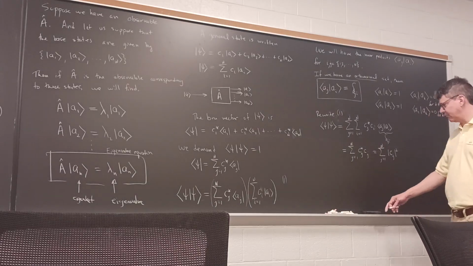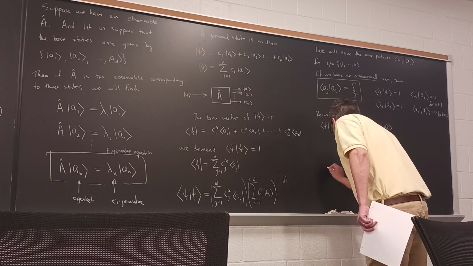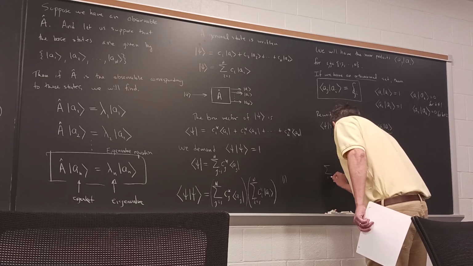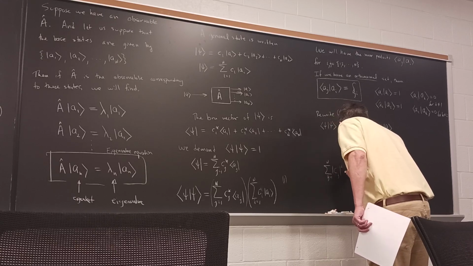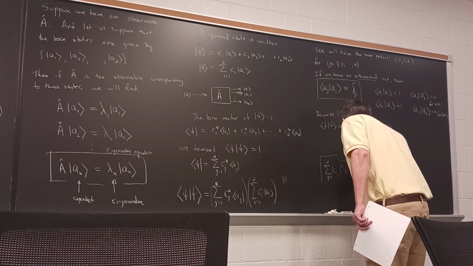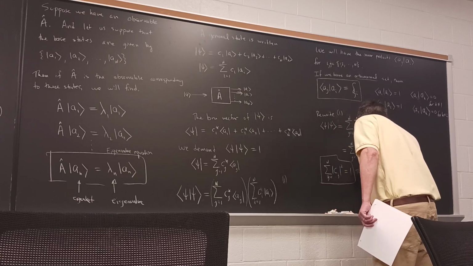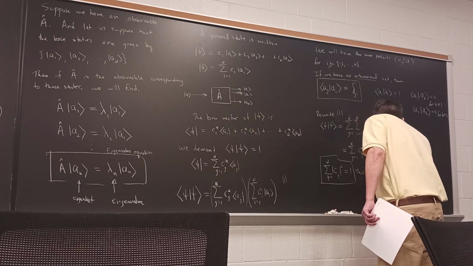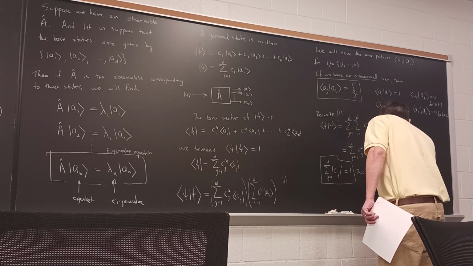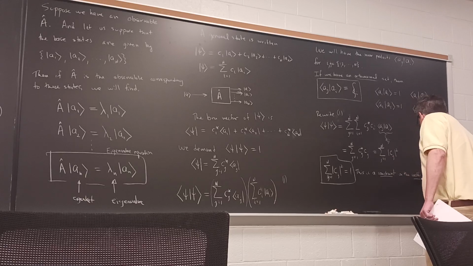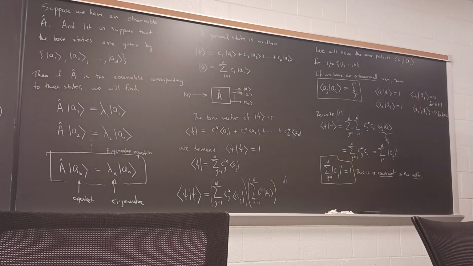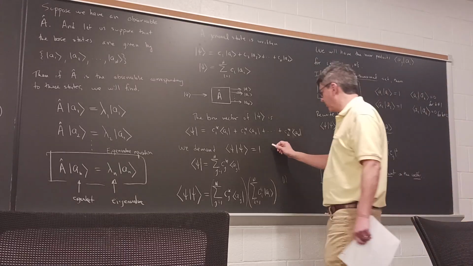So we have the sum J equals 1 up to N of Cj magnitude squared is equal to 1. This is a constraint on the coefficients. And this is normalization.